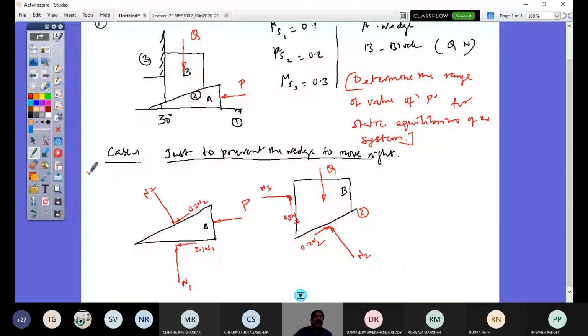So again, look at this wedge. Since the weight of the wedge is not given, that can be neglected. I have an advantage of combining these two, and I would have 3-force equilibrium in this case. So this is going to be R1, and this angle would be now tan inverse of 0.1, right? So what is phi S1? Tan inverse of 0.1.